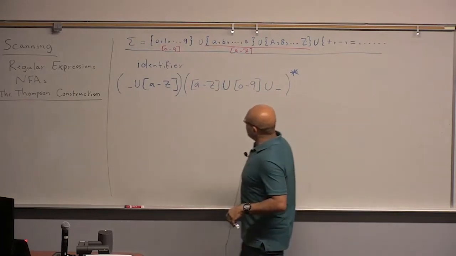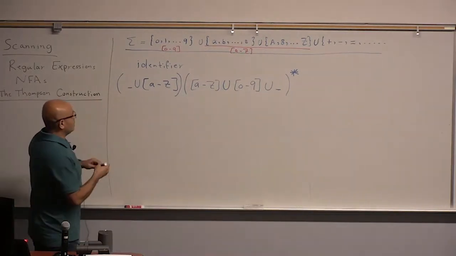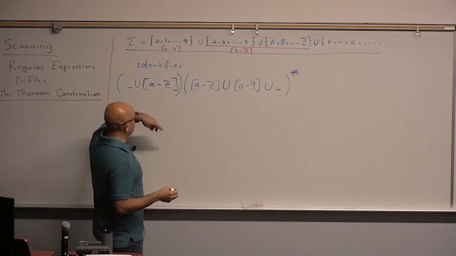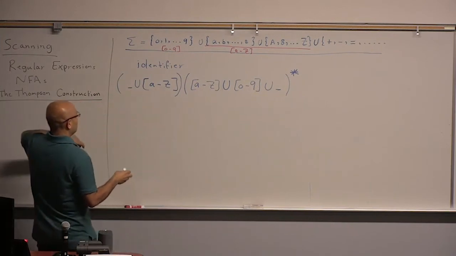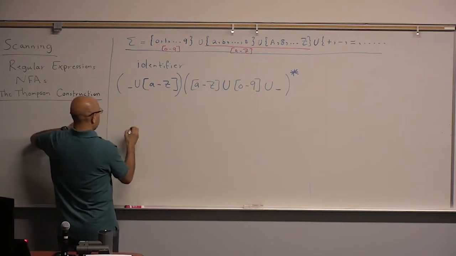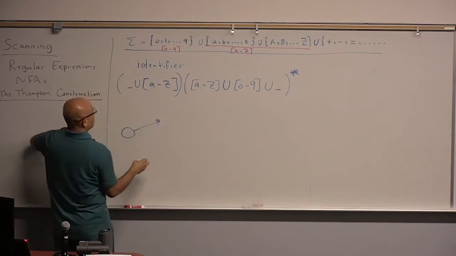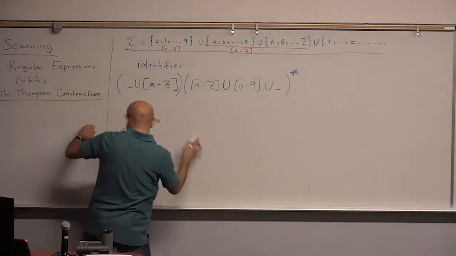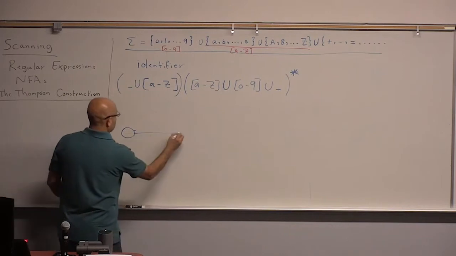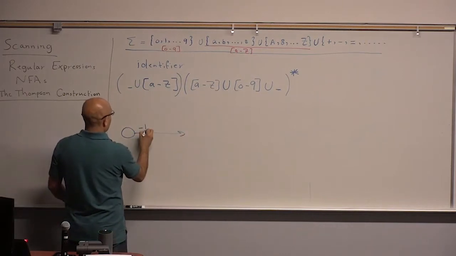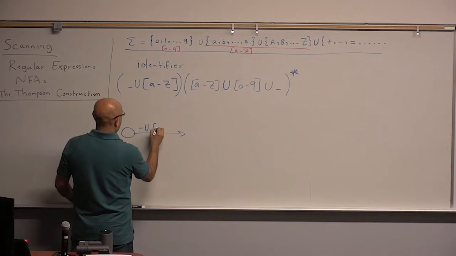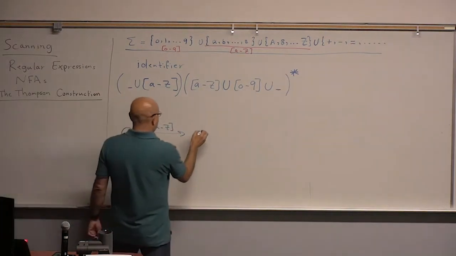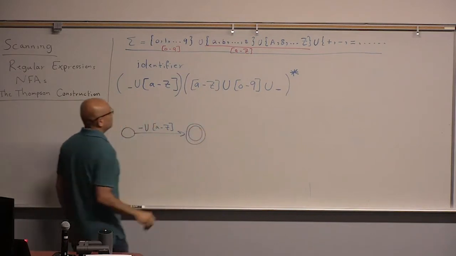All right. So this allows the identifier to start with an underscore, then letters. Then you can have as many letters and numbers as you want. So the corresponding NFA here is: you will start with an underscore or A to Z, and then this is an accept state, right?